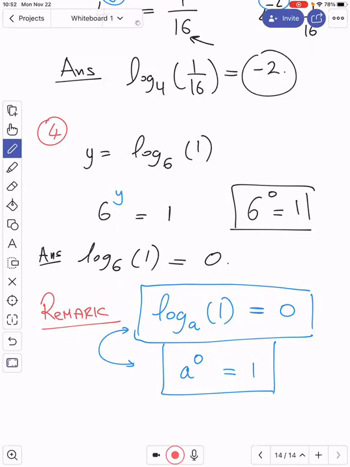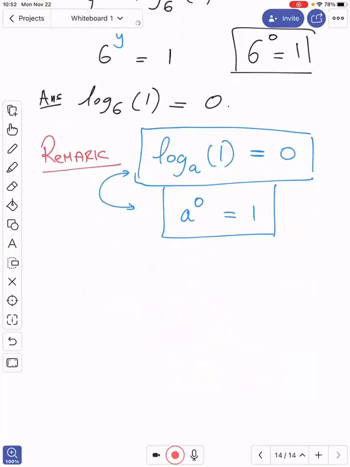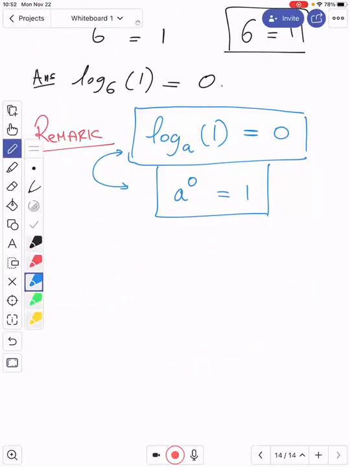Let me add one more remark, because on Wednesday last week I talked about the natural exponential, right? There is this number e. Now the log in base e is called the natural log.